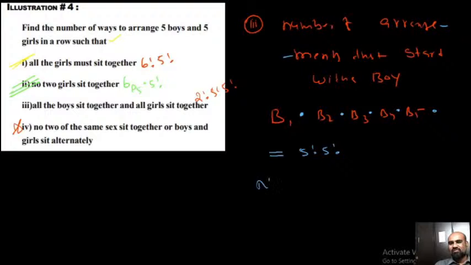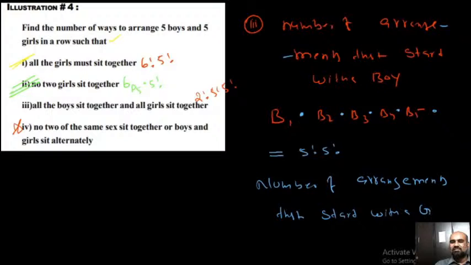Next one, number of arrangements that start with a girl. G1, G2, G3, G4, G5, now we have 5 places for boys.